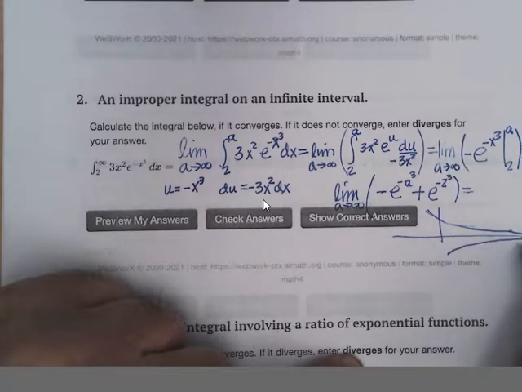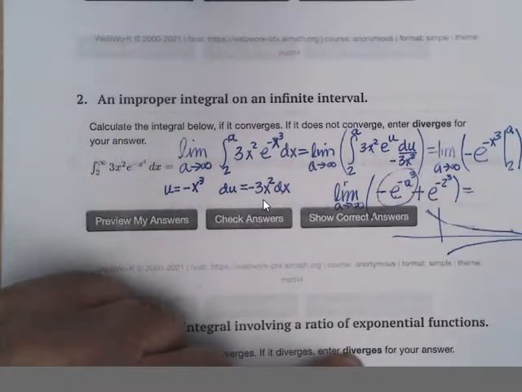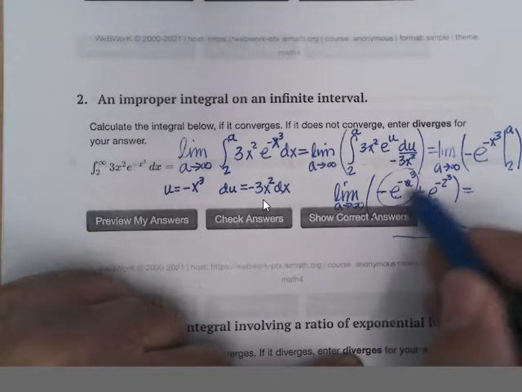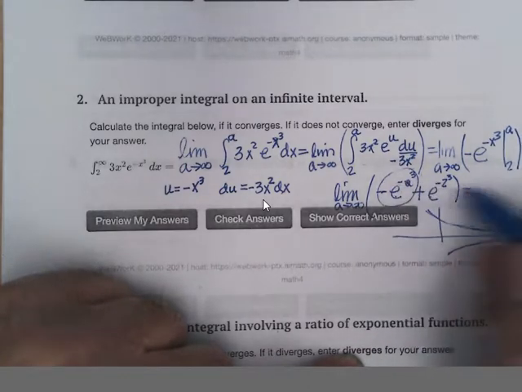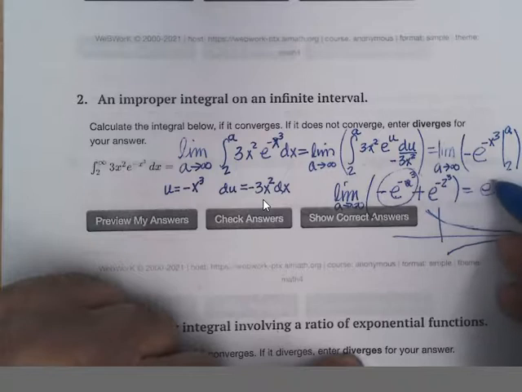But it's going to keep going closer and closer to 0, so this will approach 0 for really large a's. And so this will go to 0, and this is all we get. So we get e to the negative of 2 to the third, so e to the negative 8.